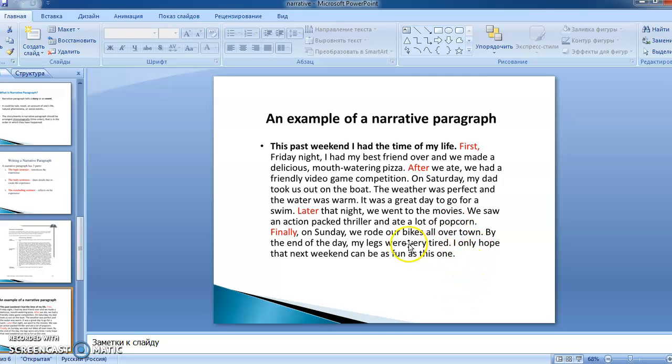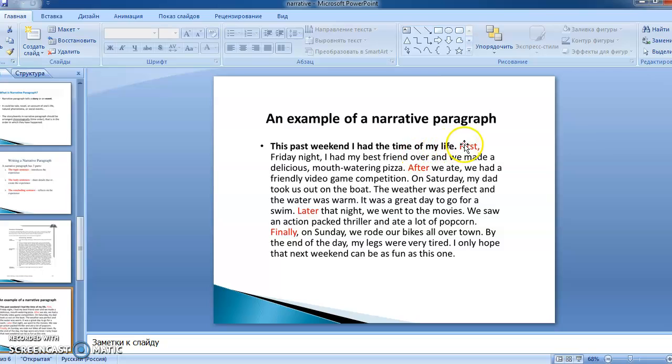Here is another example. This is the topic sentence of the paragraph: this past weekend I had the time of my life. This gives the time, who, where, and what happened, the answers to these questions. Then you can see first, after, later, and finally.